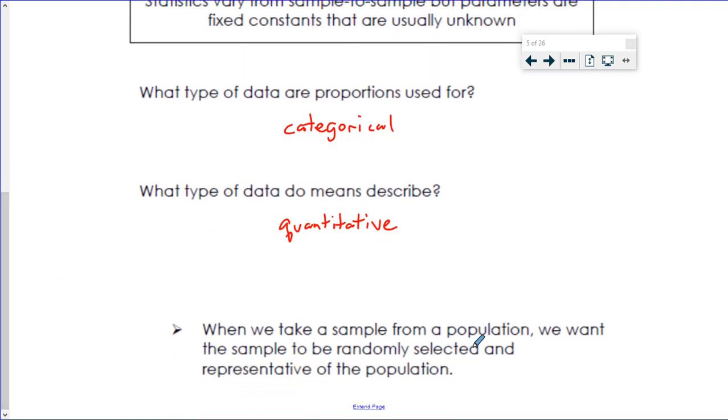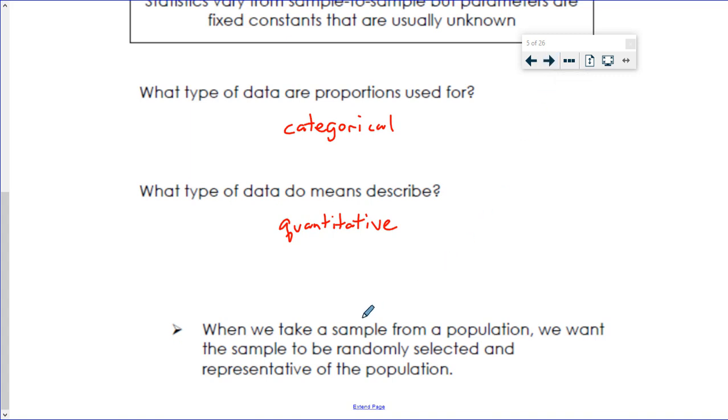And when we do take a sample from a population, we want the sample to be randomly selected and representative of the population. We don't want to cherry pick. It's called cherry picking data. We don't want to pick data that follows with or kind of goes along with the way that we want our data to look. We want accurate data. And in order to get that accurate data, we randomly select our samples, but we want it to be representative of the entire population.